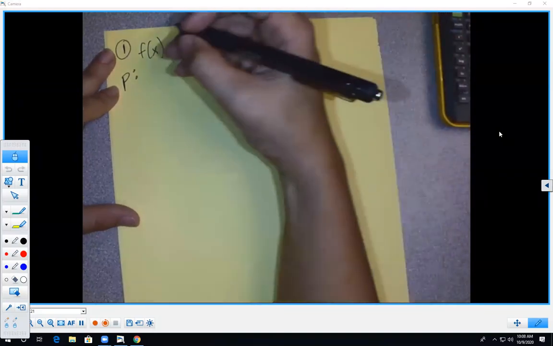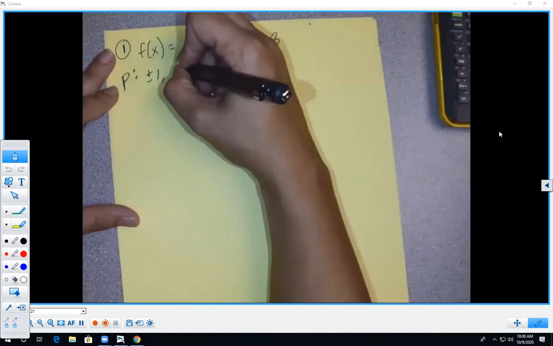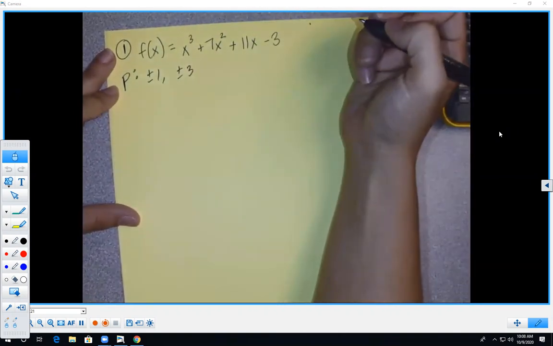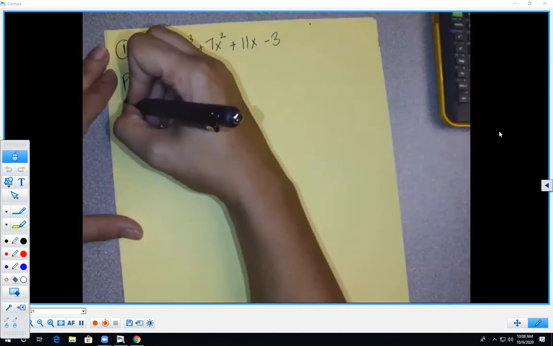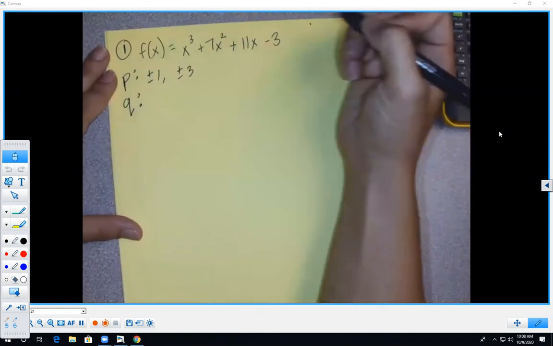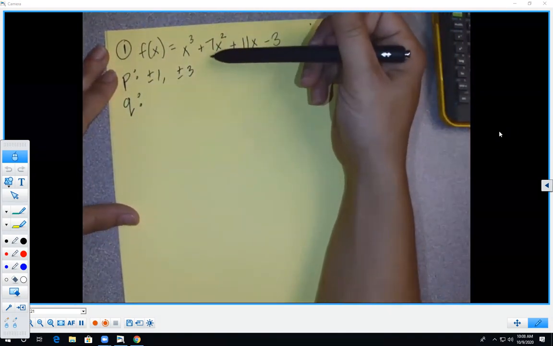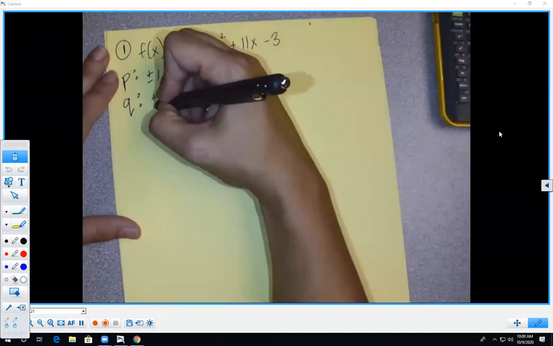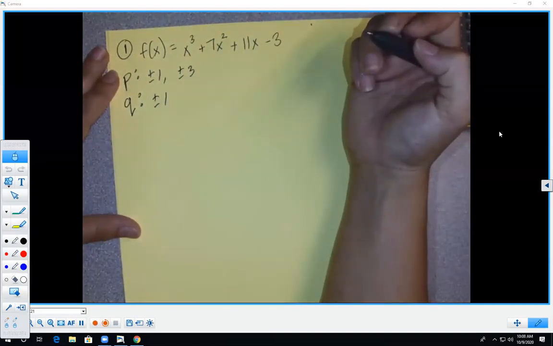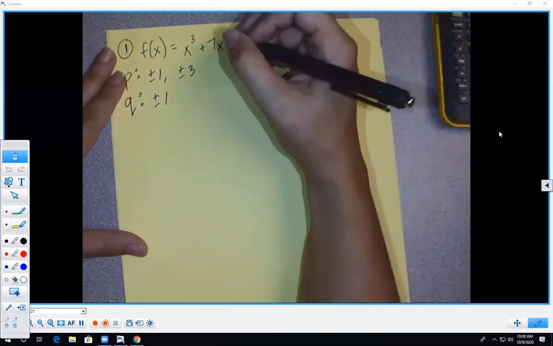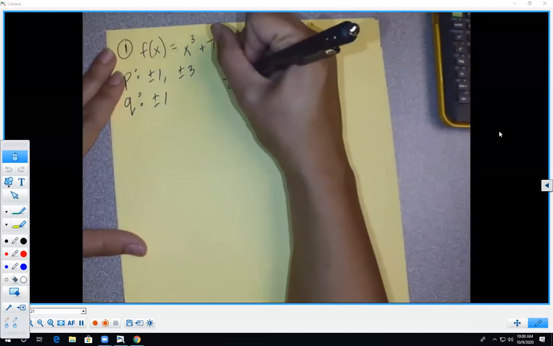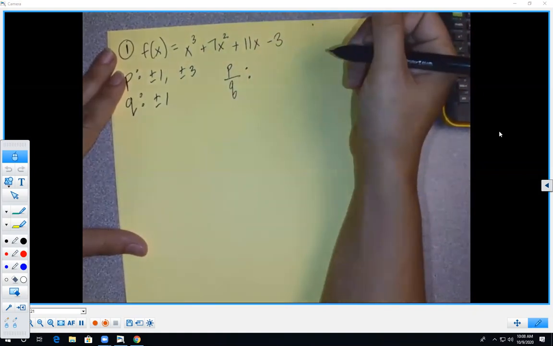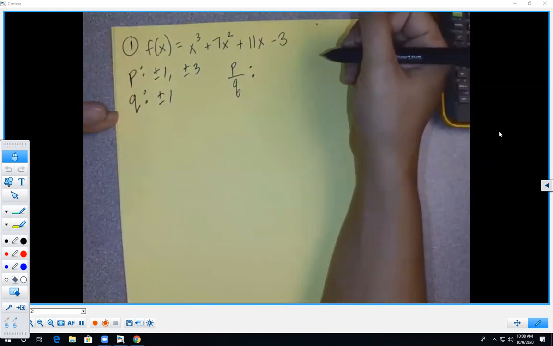The factors of negative 3 are 1 and 3, right? For my Q, Q is the factors of your leading coefficient. What's your leading coefficient? 1, and so the factors of 1 are just positive and negative 1. So the possible rational solutions is P divided by Q, so all my P's divided by all my Q's.